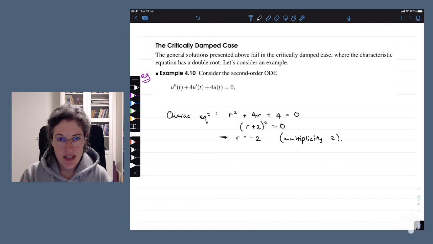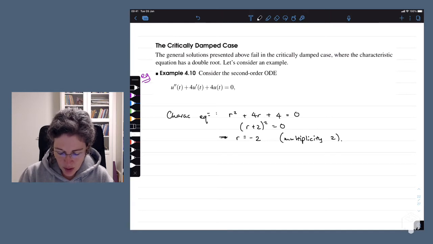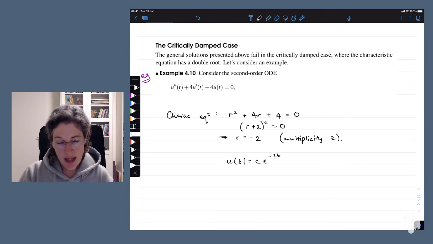And we've already seen that in this case we can't form the most general solution by taking the two roots, because our general solution would end up being something like u of t is equal to c e to the minus 2t. And we want to be able to find general solutions, which if we put in initial conditions, we can always find a c1 and a c2, and we can't really do that over here.